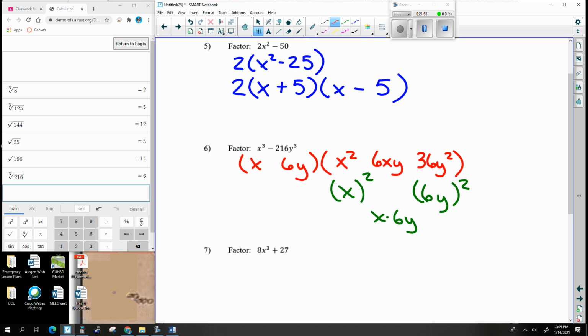The symbols: this is a minus, so again, use SOAP, same, opposite, always positive. So it'll be minus, the same, opposite of that is a plus, and then this last one is always positive.